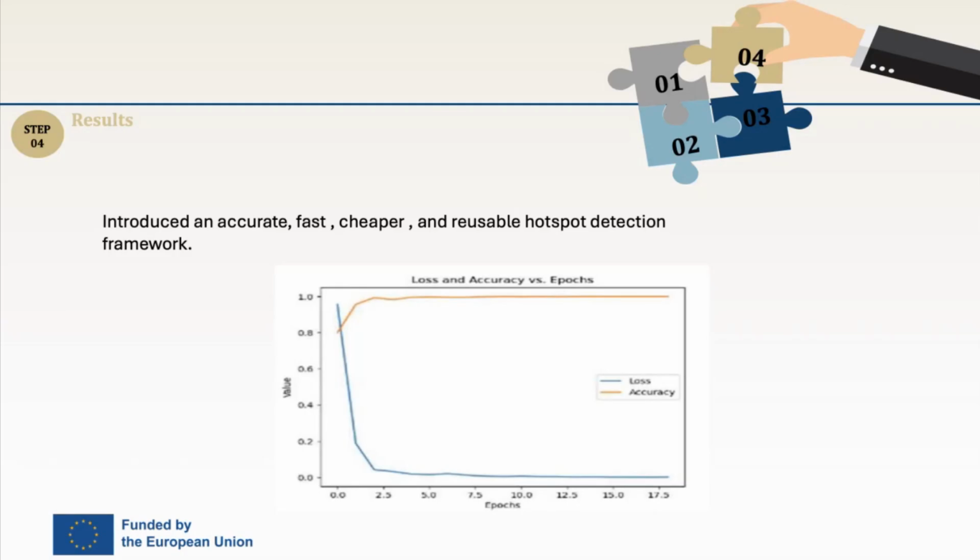In general, by applying AI to this problem, we can introduce an accurate, fast, cheaper, and reusable hotspot detection framework. Now we will also use deep learning to solve another problem.